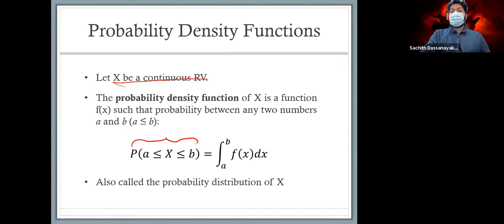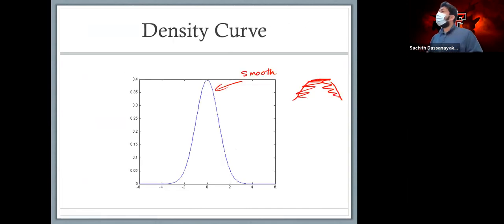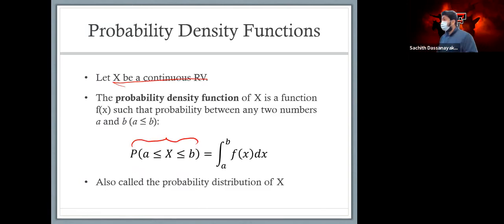integrals. Why integrals? If you need to find the area under this curve, what do you use? Integrals, right? To get the sum, you simply use integrals. Same here. To get the sum under a curve, we use this, because for a continuous random variable, probability is the area under a particular curve.